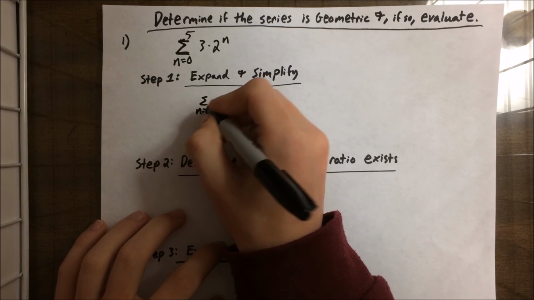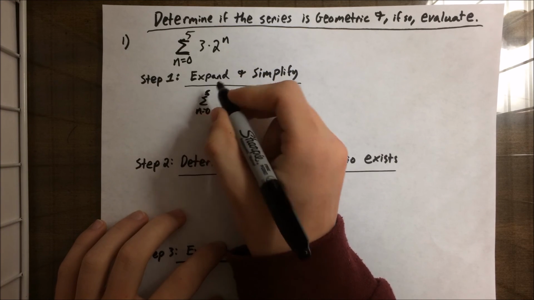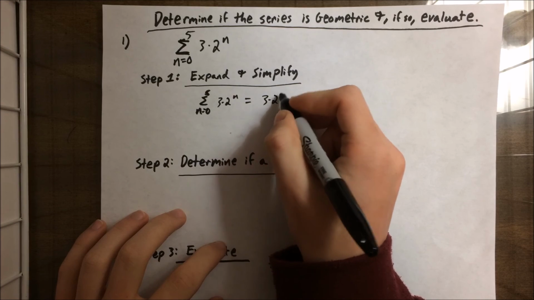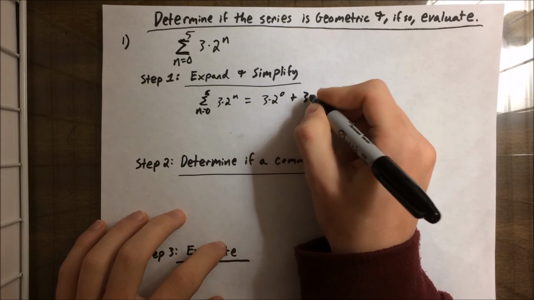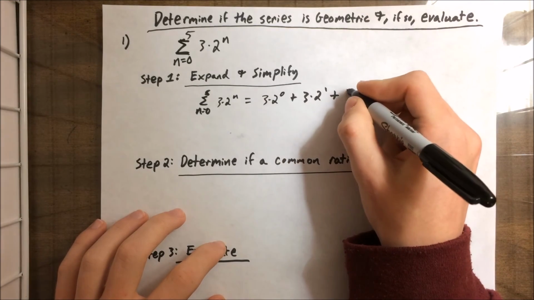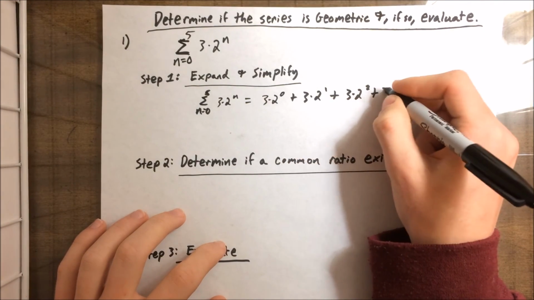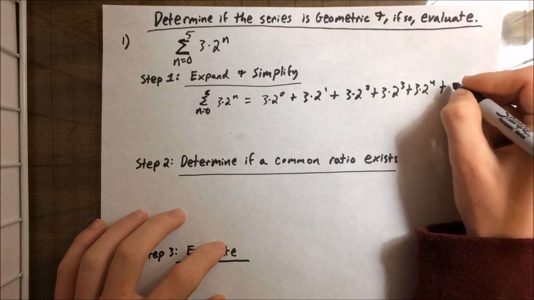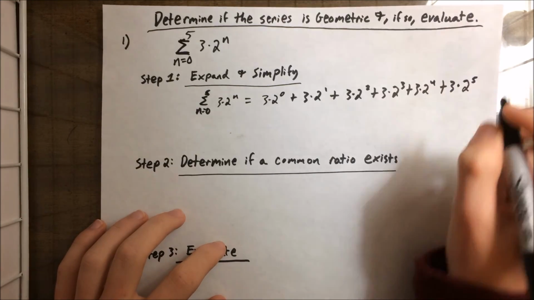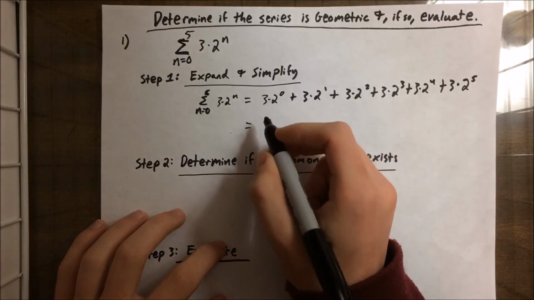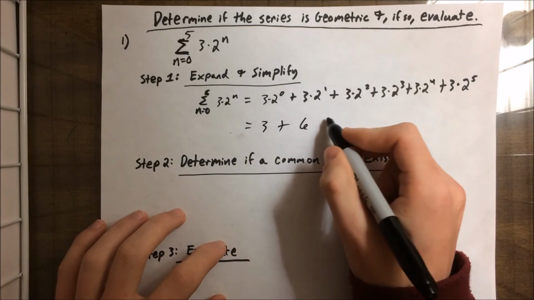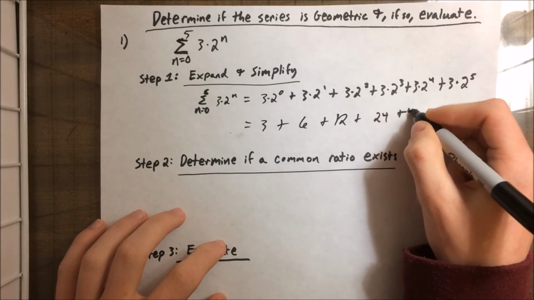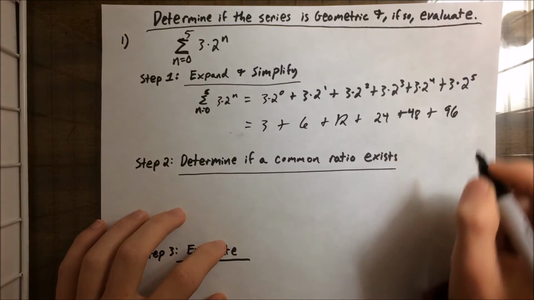The summation from n equals 0 to 5 of 3 times 2 to the n is equal to 3 times 2 to the 0 plus 3 times 2 to the first plus 3 times 2 to the second plus 3 times 2 to the third plus 3 times 2 to the fourth, and then plus 3 times 2 to the fifth. And to simplify that, that would be 3 plus 6 plus 12 plus 24 plus 48 plus 96.